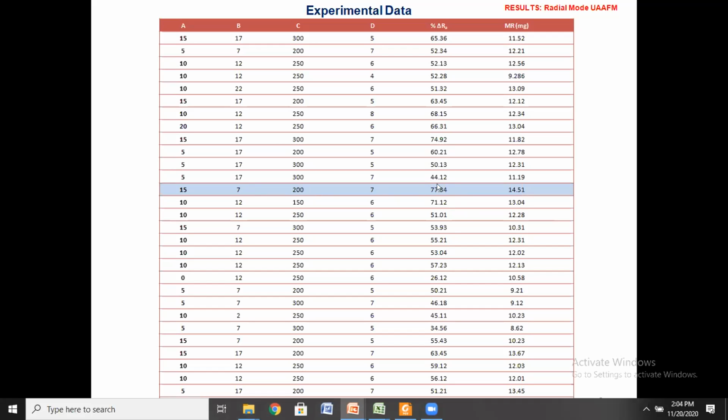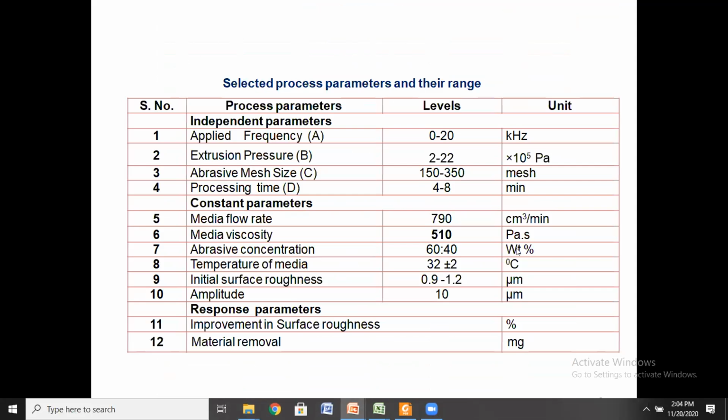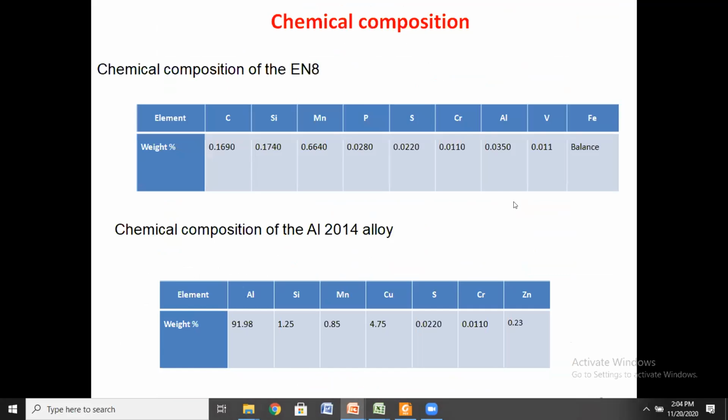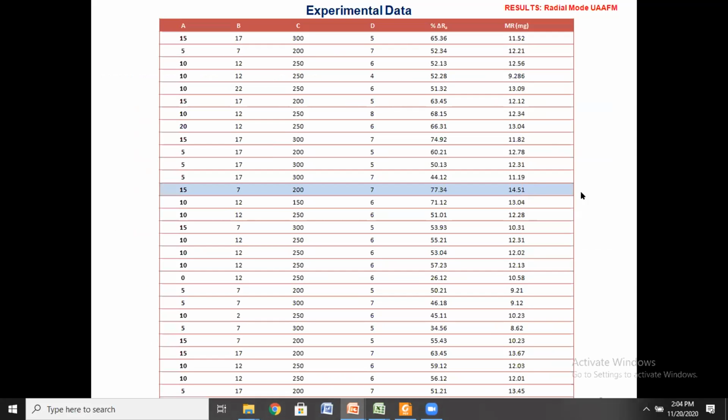This percentage of improvement is calculated as initial RA minus final RA, divided by initial RA, into 100. And MR also, you can see, is the maximum MR achieved in that particular case. However, both are maximum at this particular level, so I highlighted here.